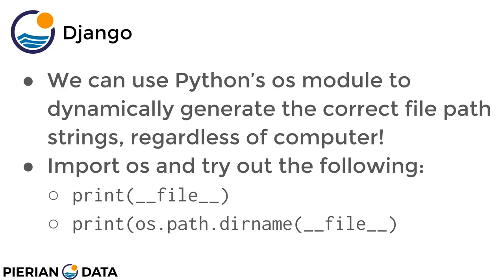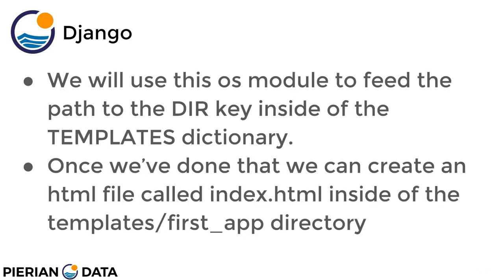And we're going to actually show you examples of this right when we're done with this presentation. But we're going to be using this OS module to feed the path to the dir key inside of that templates dictionary. Once we've done that, we can create an HTML file called index.html inside of the templates first_app directory.